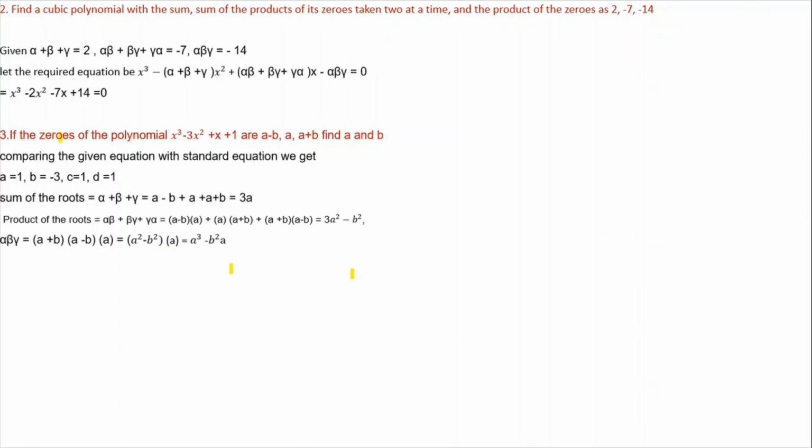Now, the general equation is x cube minus (alpha plus beta plus gamma) x square plus (alpha beta plus beta gamma plus gamma alpha) x minus alpha beta gamma.